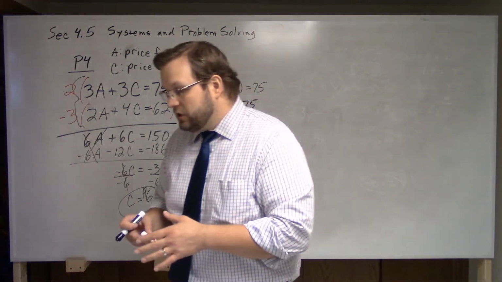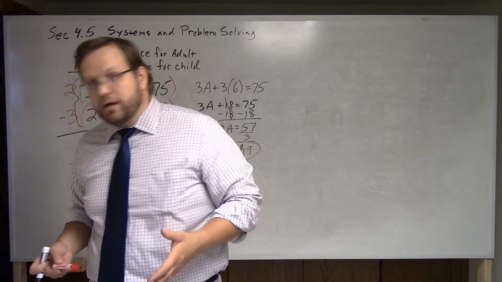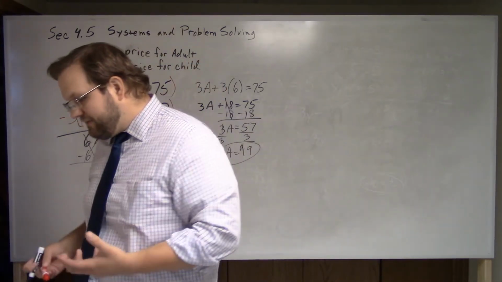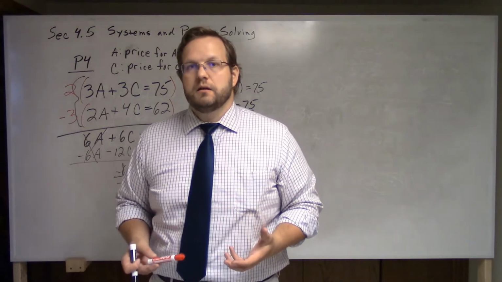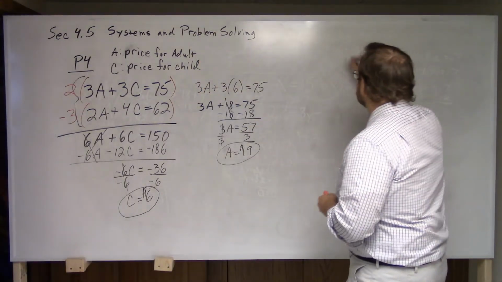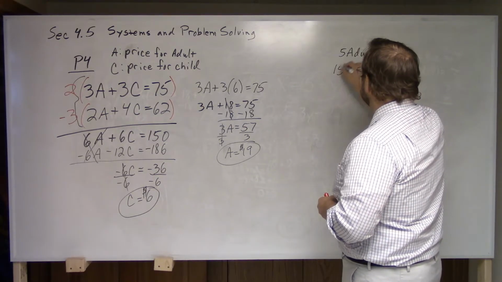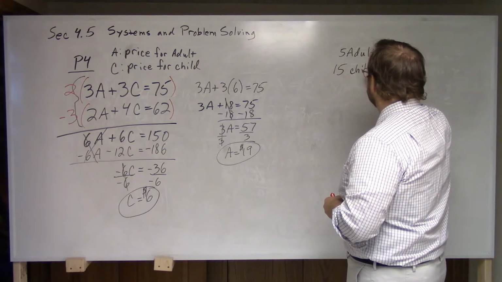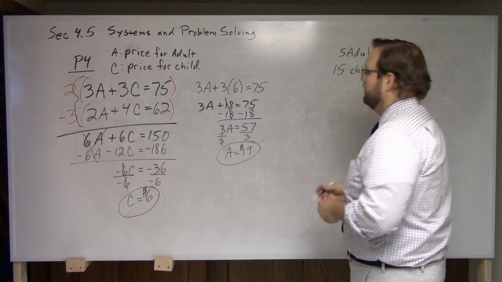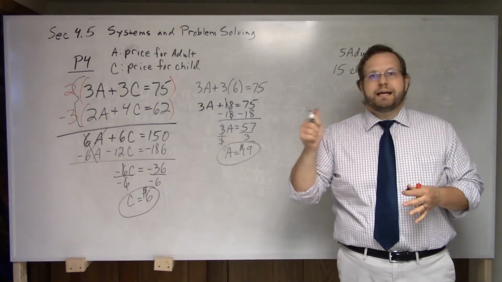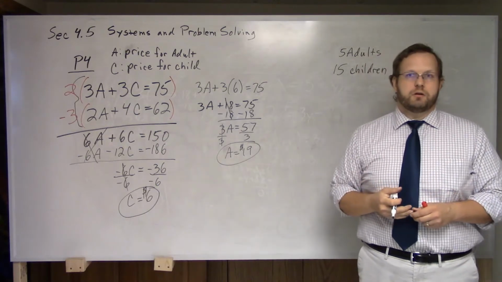It says you have 20 persons, $200. But for us, we want to bring 5 adults and 15 kids. Okay, so we've got 5 adults and 15 children. Okay, that's 20 people. Would it benefit us to take that deal and just pay $200?